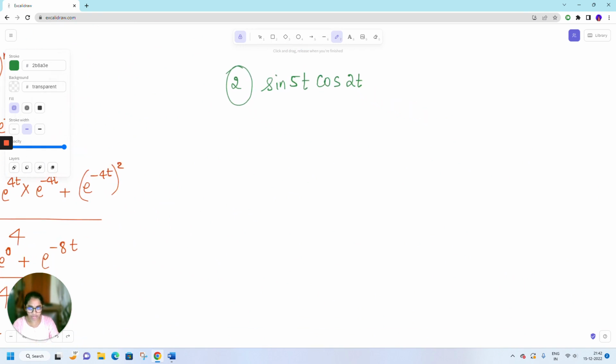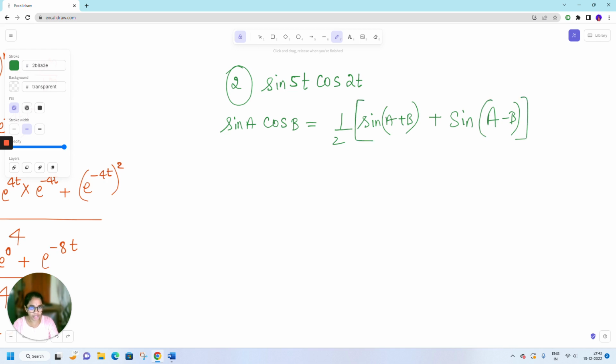The formula of sin A cos B is equal to half into sin A plus B, plus sin A minus B. What do I have in place of A? I have 5t. In place of B, what do I have? I have 2t. So my f of t would become half. What is sin A plus B? That would be sin 7t. What is sin A minus B? 5 minus 2 is 3t.